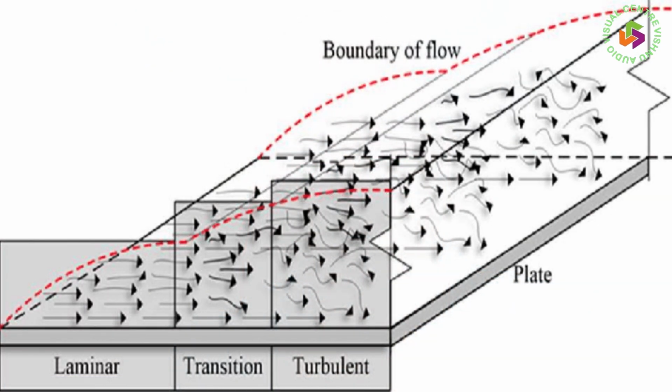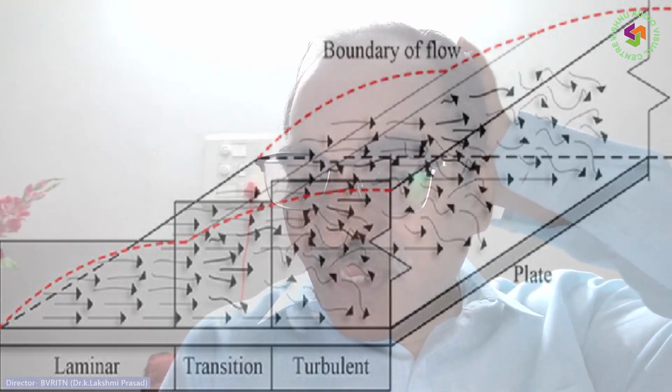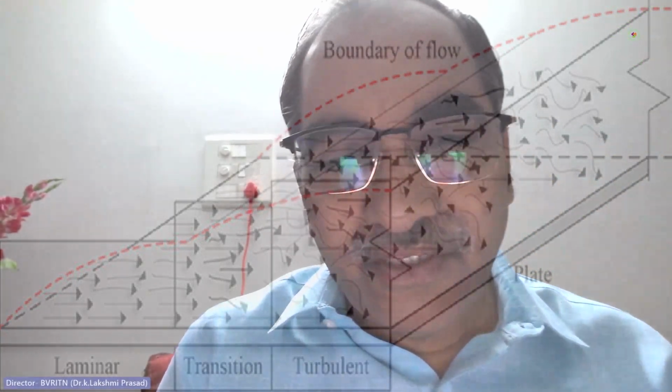And if on the plate up to a certain distance laminar boundary layer is there, and beyond that turbulent boundary layer is there, then how to determine the drag force? So these are the three types of questions we have in this growth of boundary layer over a flat plate. So let us do these three problems now.